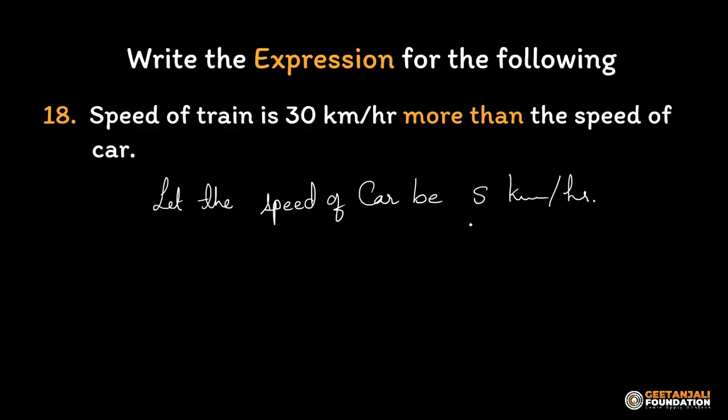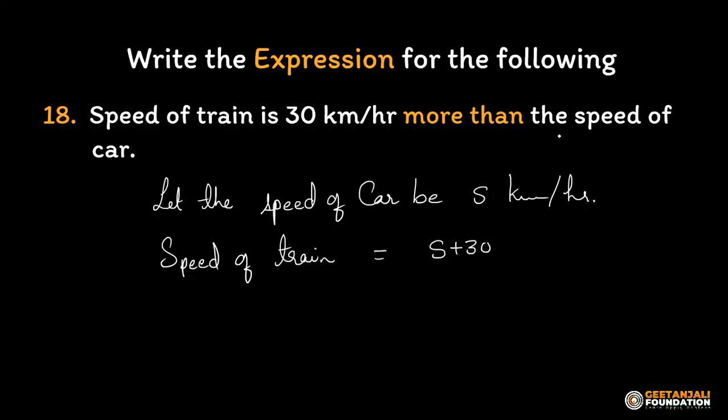So speed of car is s km per hour. Now the speed of train is 30 km per hour more than this. So speed of train would be equal to s plus 30.